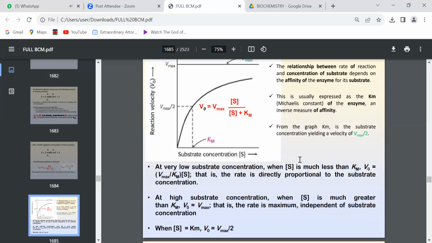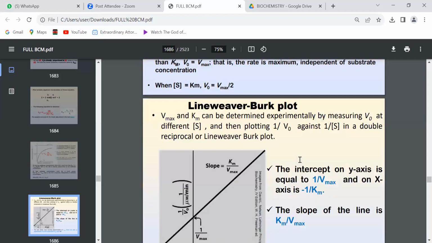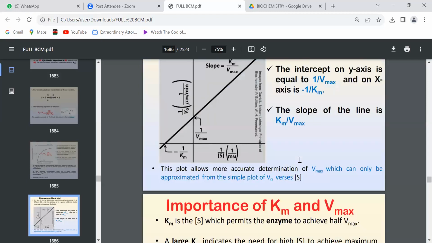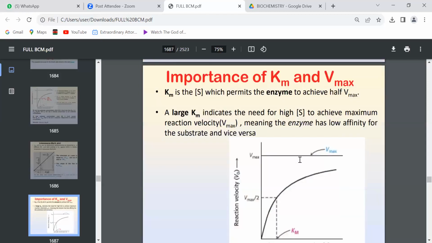So Km is the substrate concentration which permits an enzyme to achieve half of the Vmax. And we have said Vmax is the maximum reaction rate that a reaction can achieve.